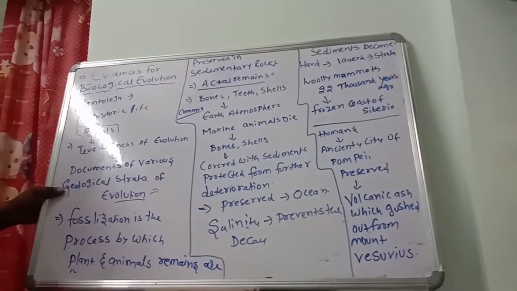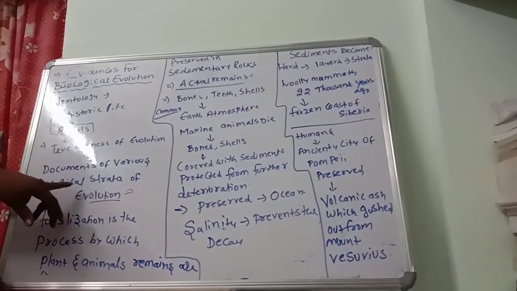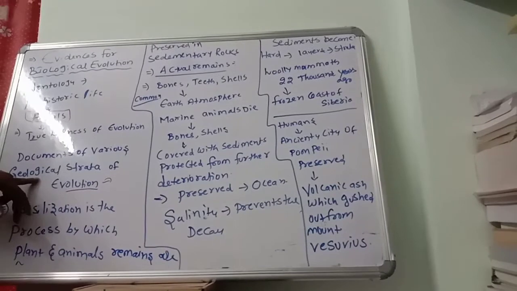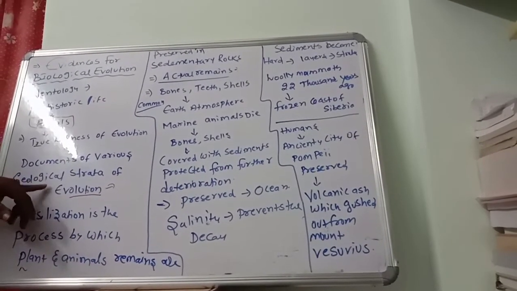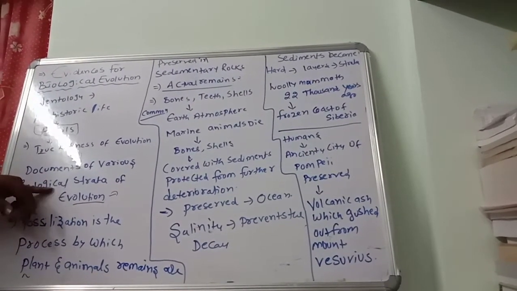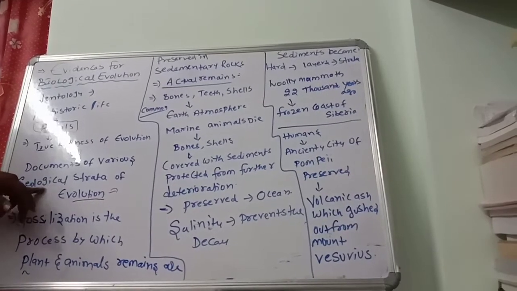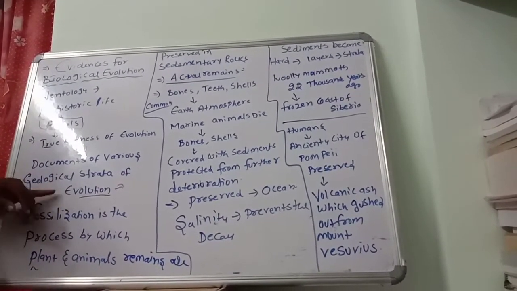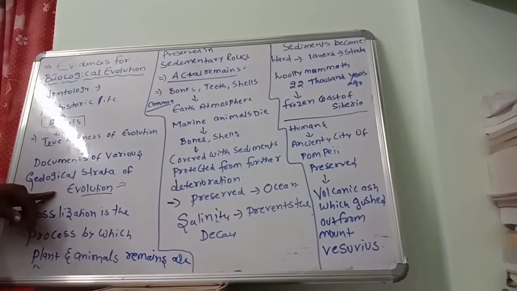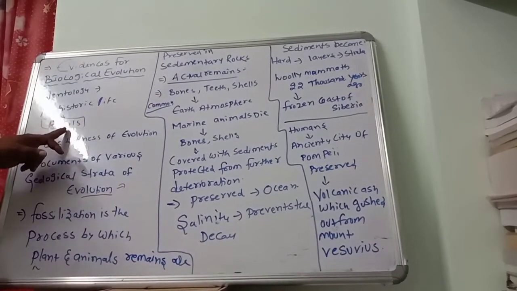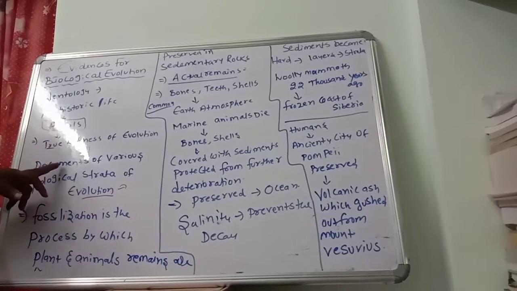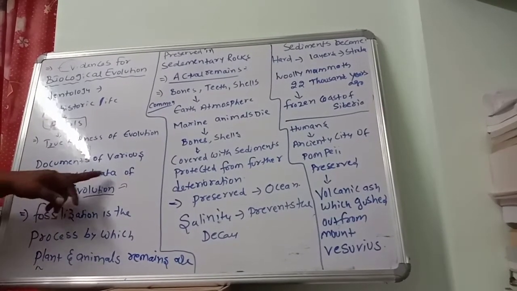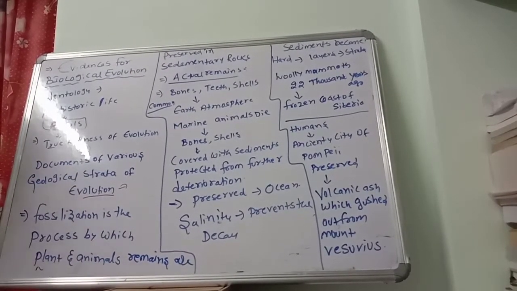From these we can identify how the earth was once upon a time and what kind of strata is there now. If you want to study geological strata evolution, we have to go to fossils.